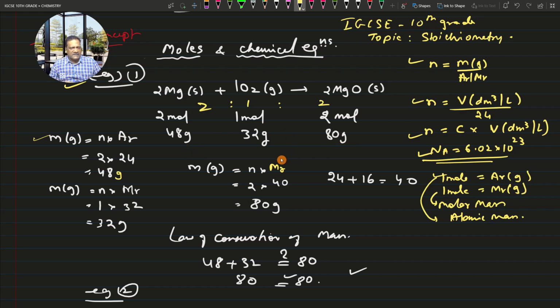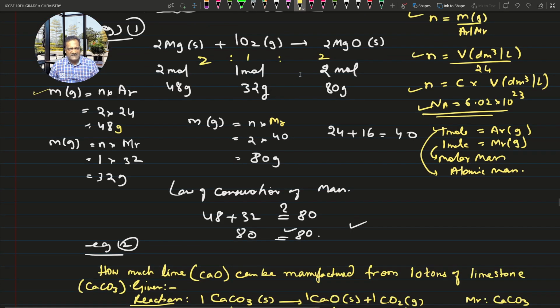In short, what I want to say is 2 moles of magnesium is equivalent to 48 grams, 1 mole of oxygen is equivalent to 32 grams, and 2 moles of magnesium oxide is equivalent to 80 grams. I have written over here. Now, law of conservation of mass says that the total mass of the reactants and the products in a chemical reaction is always unchanged.